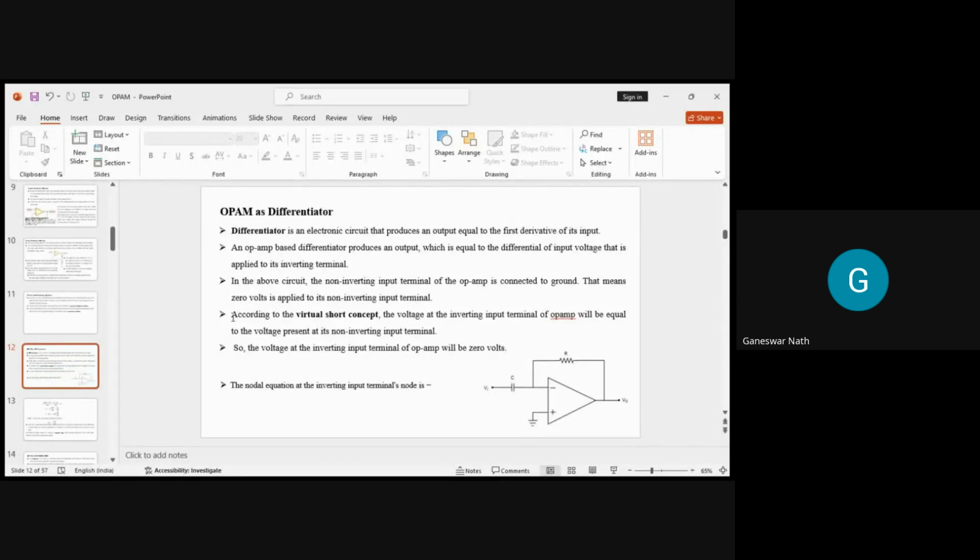According to the virtual short concept, the voltage at the inverting input terminal of the op-amp will be equal to that of the voltage at the non-inverting input terminal. So the voltage at the inverting and non-inverting terminals of the op-amp will be 0 volt. The nodal equation is simple, and for op-amp as a differentiator circuit you must remember it.